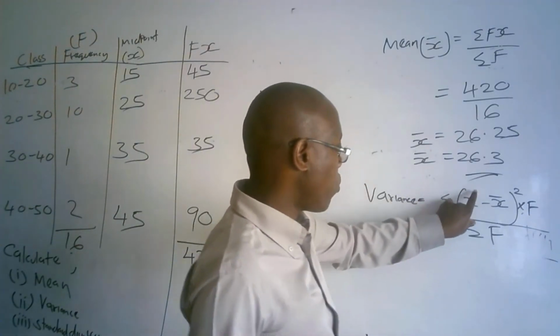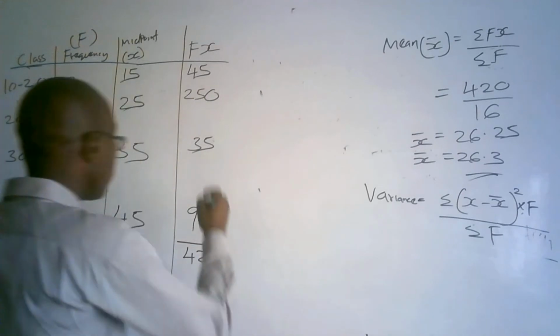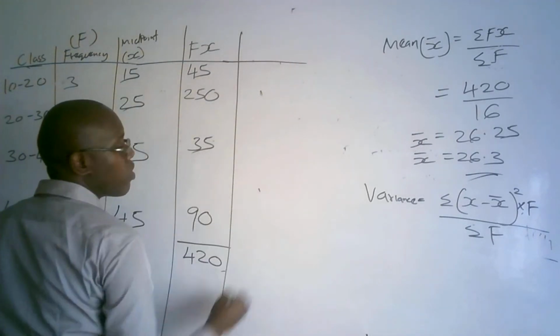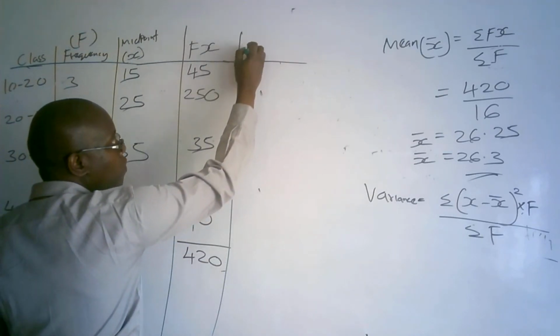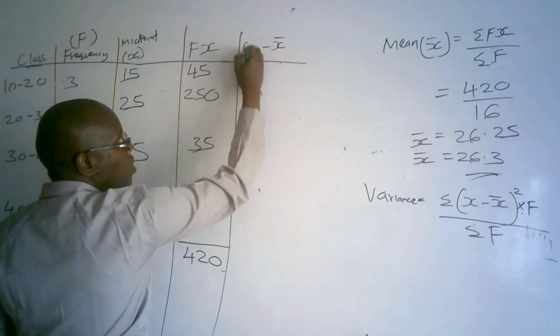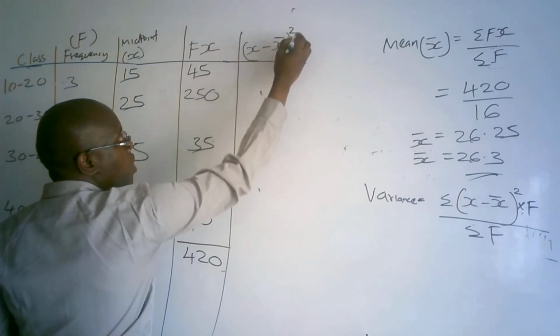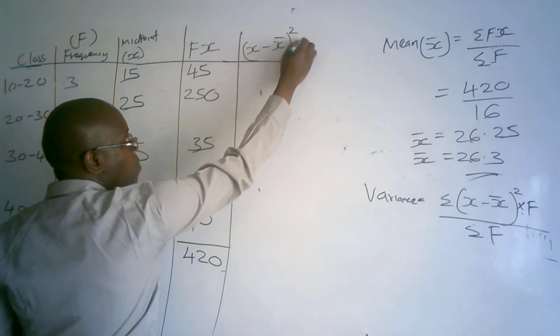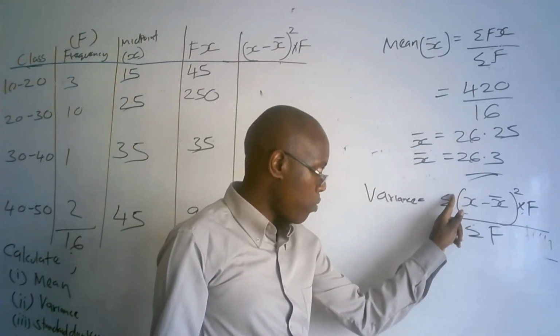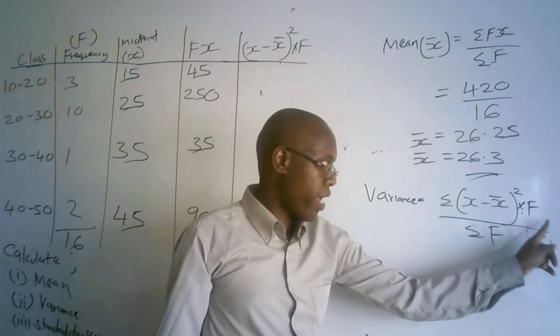So we are going to have this part of the formula here, whereby we extend this table a little bit, and then we have (x minus x bar) squared multiplied by f. I've just picked this part from this bracket to the far end.